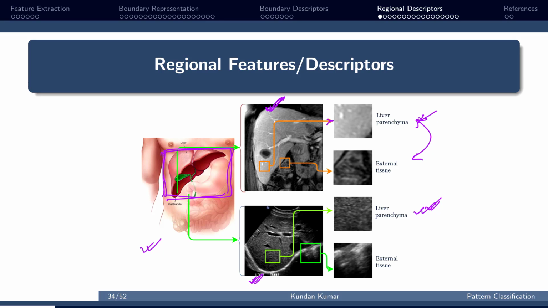This texture is nothing but a regional feature, and if we extract textural features from these images, it will help us segment this liver from the other body parts, so that we can use the segmented liver for further processing or for the detection of different types of diseases.